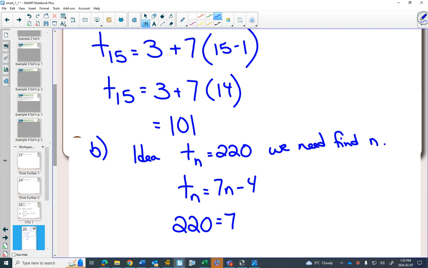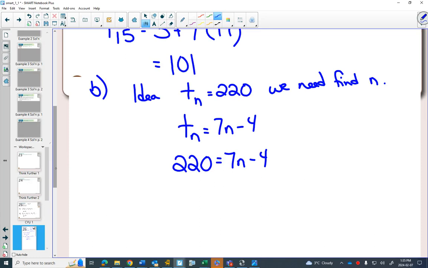So I replace the Tn with the 220. And now I just have to figure out what n would do that. Probably not going to guess and check here, probably going to use your algebra. So you're going to add 4 to both sides, and then divide both sides by 7.